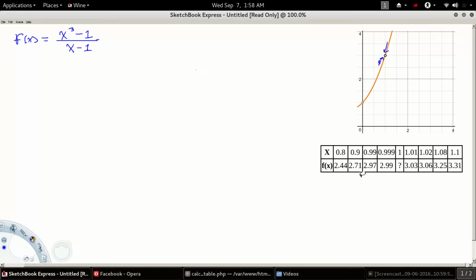Now, you notice the f of x values get closer and closer to 3 on either side. So as x tends to go to 1, then f of x, or y, tends to go to 3.